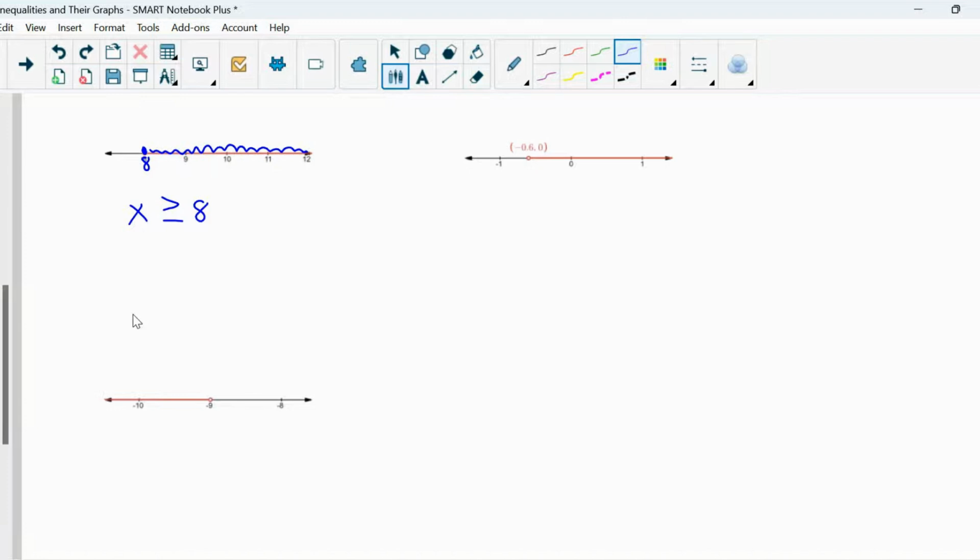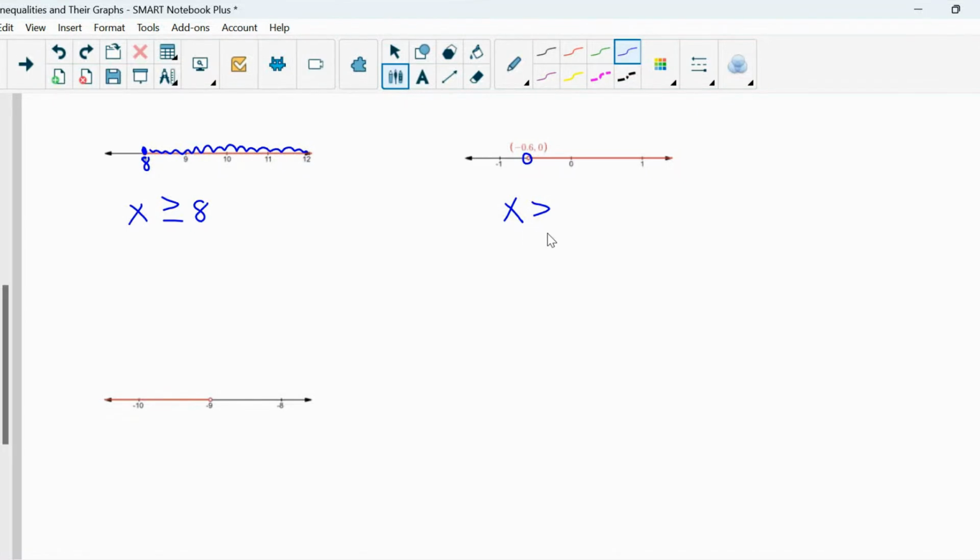Okay, very similar process with the next example at -0.6, although this one has an open point. Let's start by writing our variable on the left side. We have x, you could use any variable for this. We are shading to the right, so we must have our inequality point to the right.